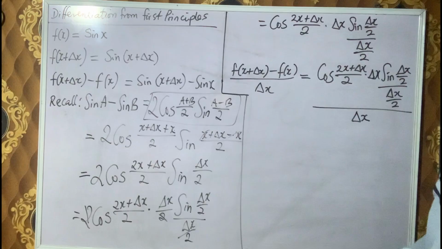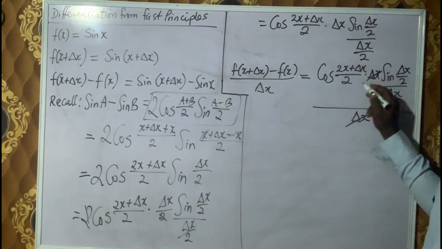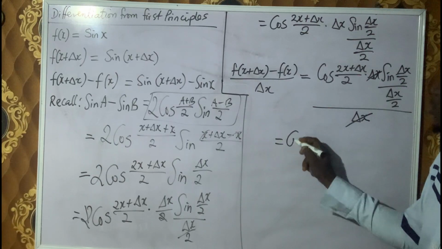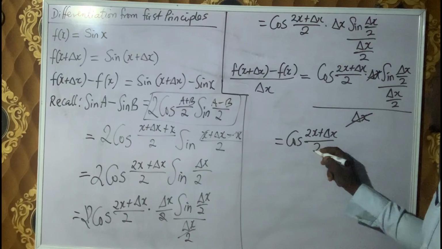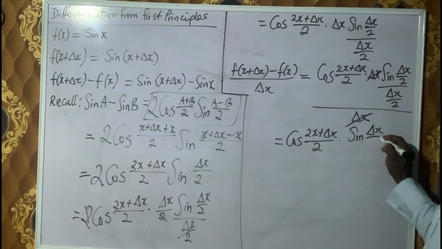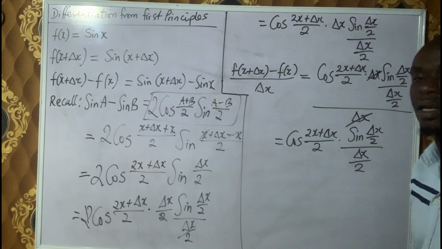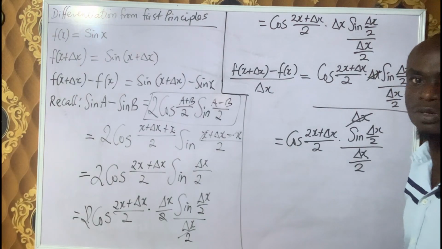So remember, this stage is to cancel out the free delta x. So the free delta x is gone. Now what I have left is cos of 2x plus delta x over 2 times sine delta x over 2 all over delta x over 2. Final stage is to take limits as delta x tends to 0.